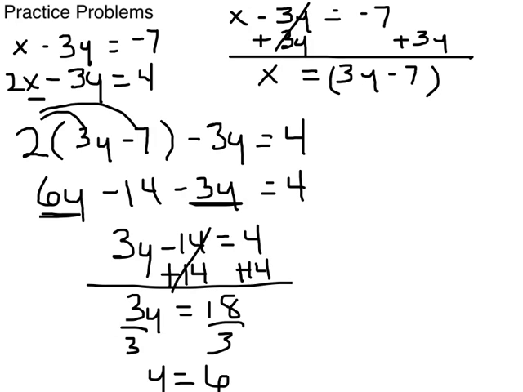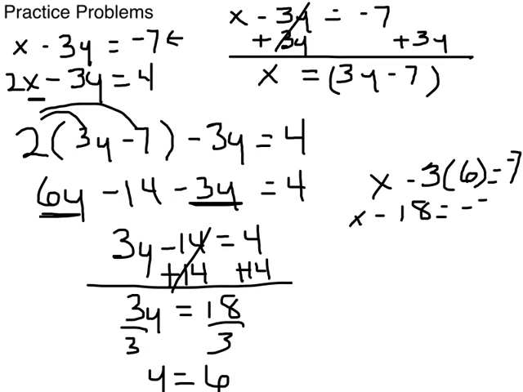Now that I know what y is, I'm going to use this equation right here. x minus 3 times y, which is 6, equals negative 7. All right, x minus, when I distribute, I get 18 equals negative 7.